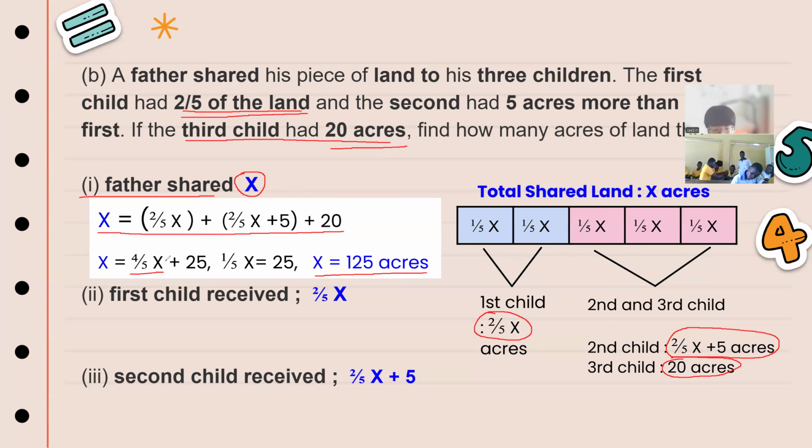If we subtract 4/5x on both sides, we get 1/5x is equal to 25. That's how we got x is equal to 25 times 5, which is 125.